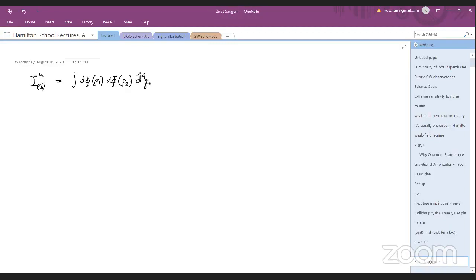So we now have a residue from the on-shell delta functions for the primed variables, and we can write those out as follows: P2.Q minus Q squared.